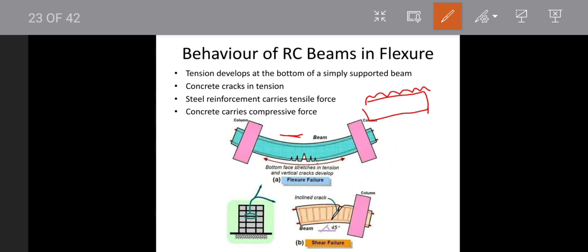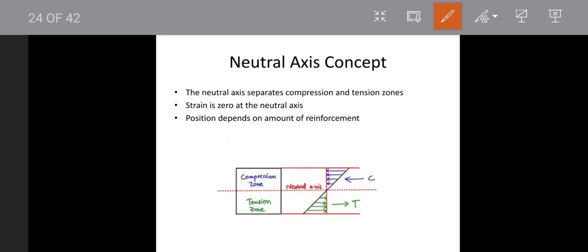So, the neutral axis concept. As I have already told, the neutral axis is the point where the stresses will be zero. If you consider this particular rectangular beam, above the neutral axis it will be subjected to compression and below the neutral axis it will be subjected to tension.